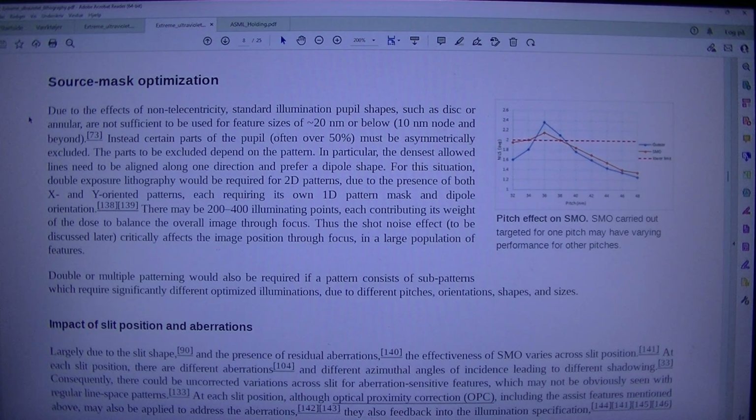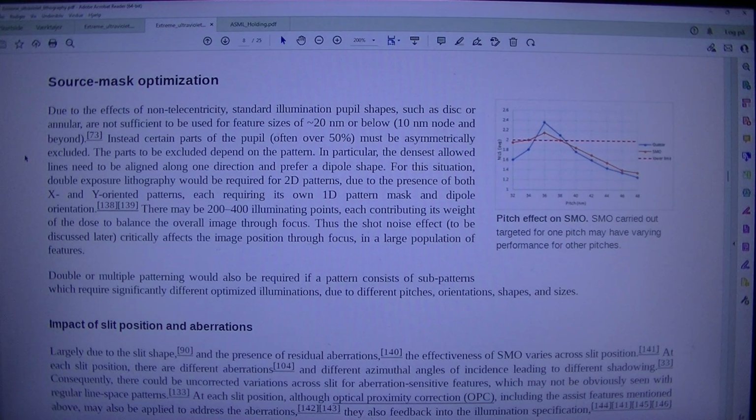Instead, certain parts of the pupil, often over 50%, must be asymmetrically excluded. The parts to be excluded depend on the pattern.